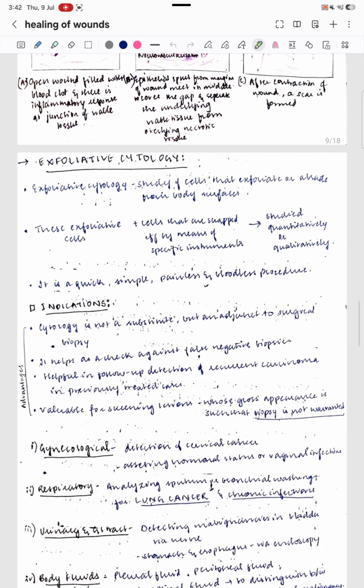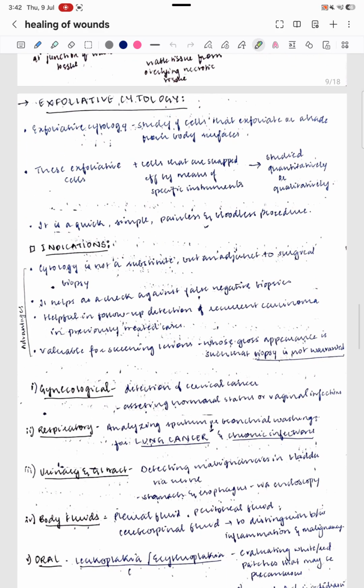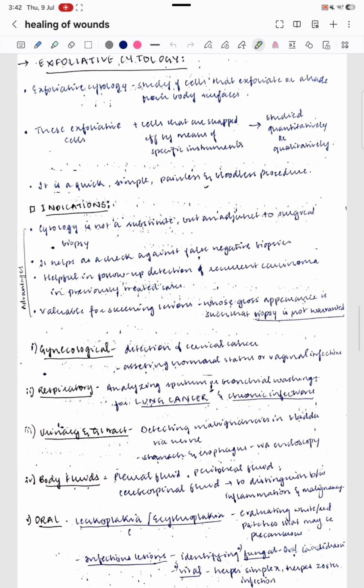is very important. Okay, coming to the exfoliative cytology. Exfoliative cytology is a study of cells that exfoliate or abrade from the body surface. So these exfoliative cells are scraped off by means of specific instruments. I'm going to take an example of leukoplakia.